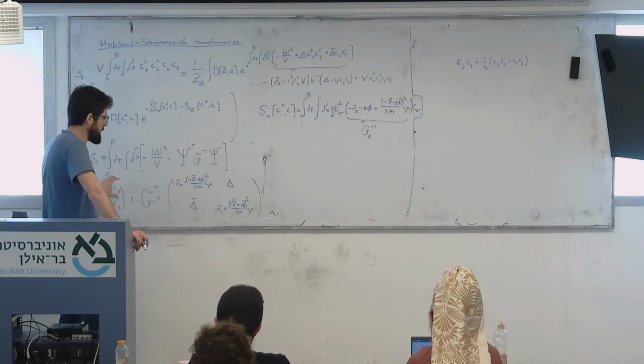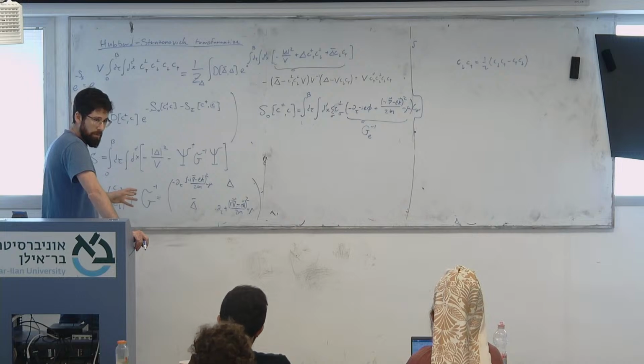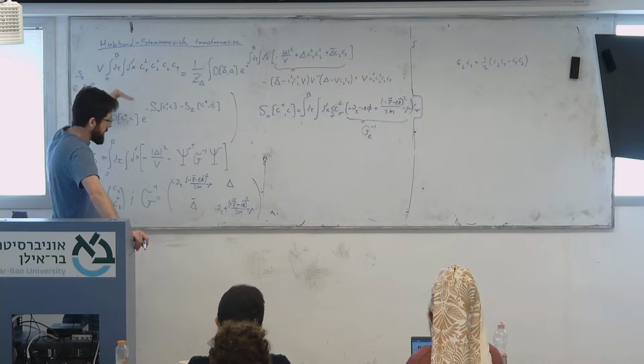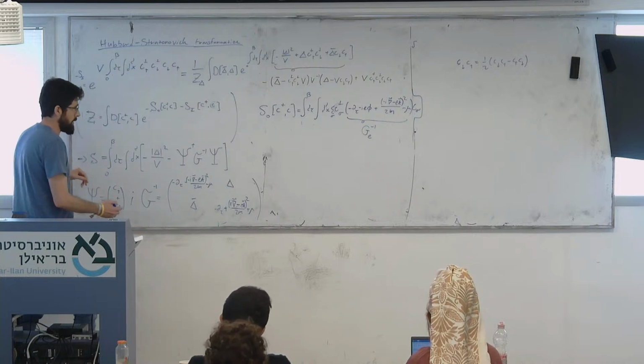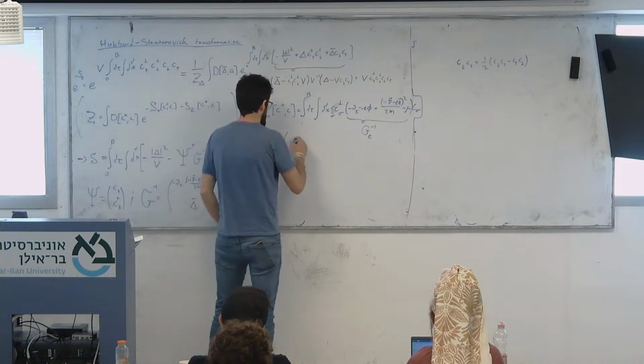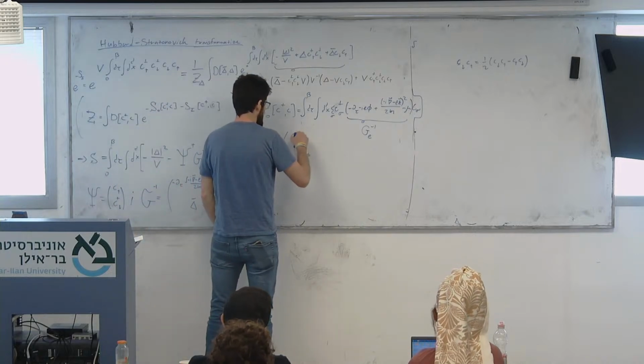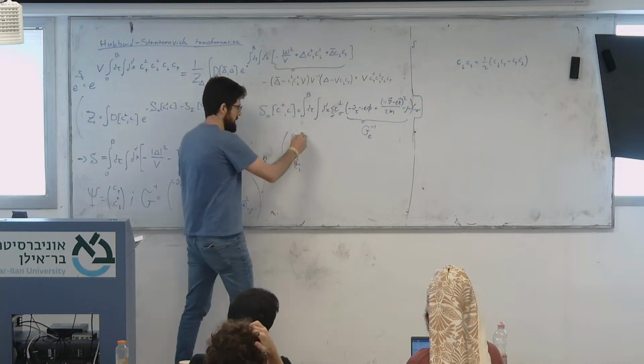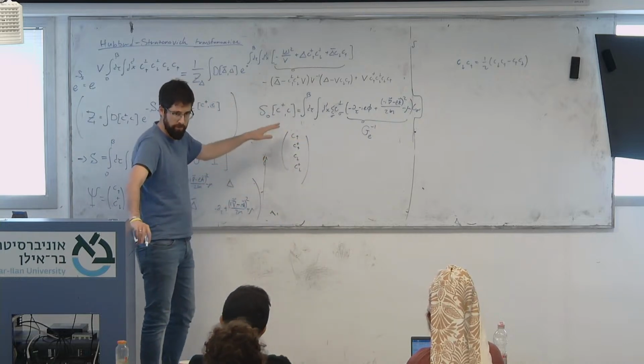If you wanted to write it in terms of triplet, you would need to include everything, and this spinor would look like C up, C dagger up, C down, C dagger down, something like this. It would need all of them.